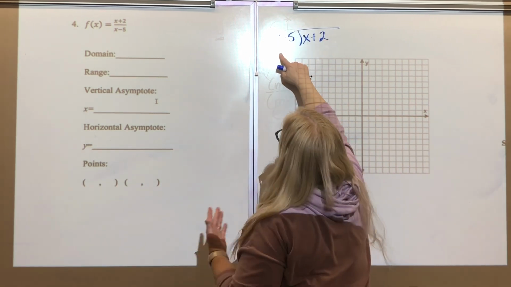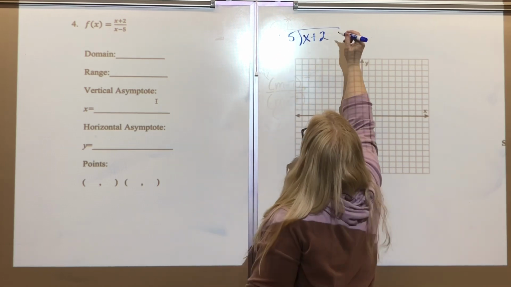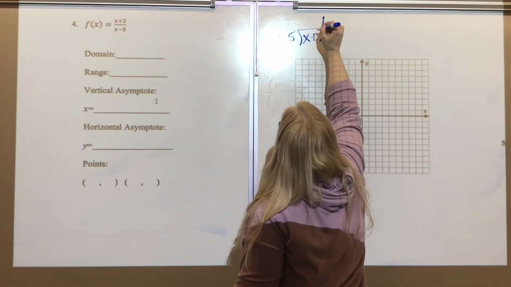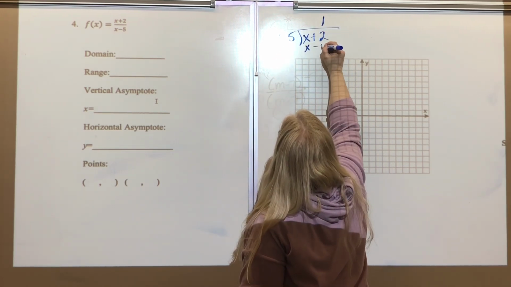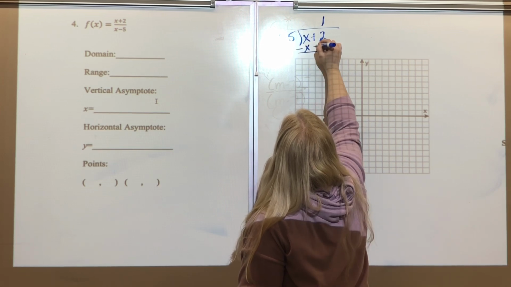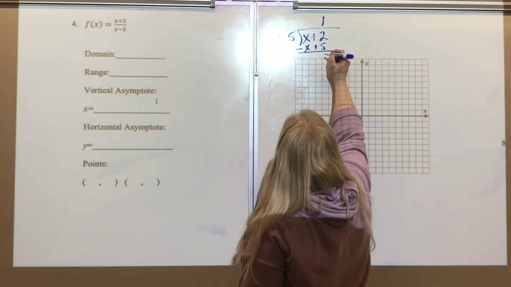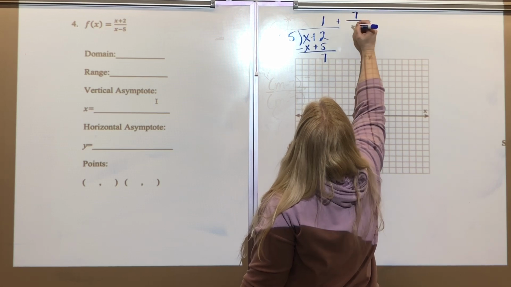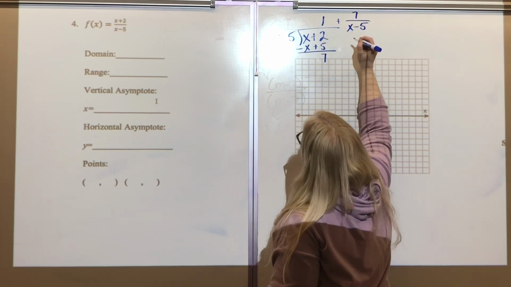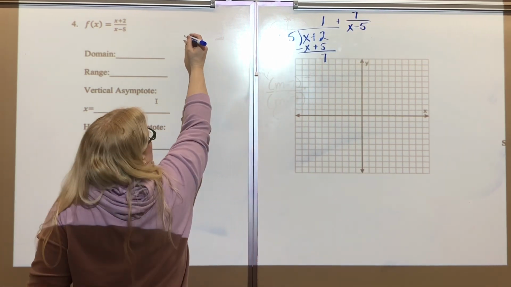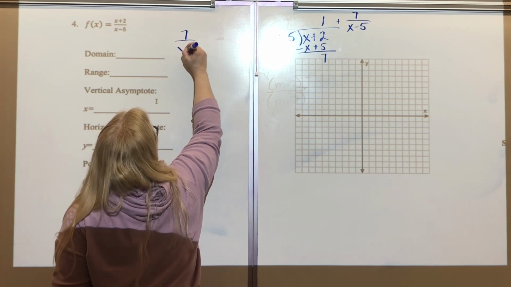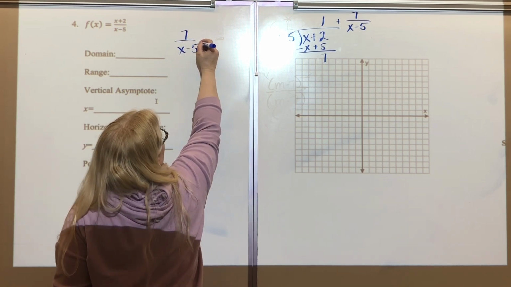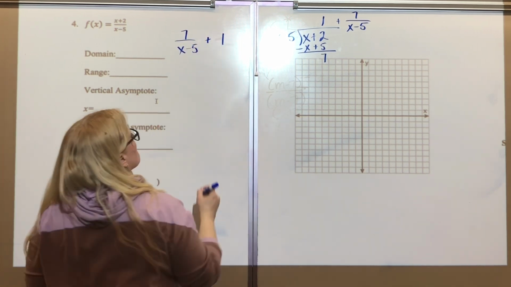Okay, x goes into x one time, and then I multiply that and get x minus 5. Okay, when I subtract, I change the signs. So this is plus 7 over x minus 5. So 7 over x minus 5 plus 1.